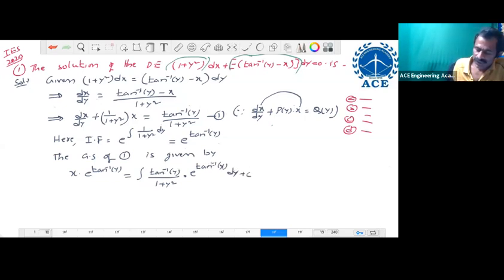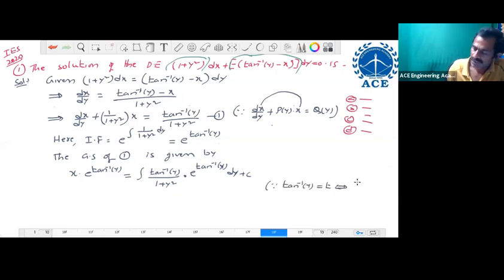In two places we have tan⁻¹y, and the derivative of tan⁻¹y is 1/(1 + y²), which is also present. Therefore, we take the substitution tan⁻¹y = t.